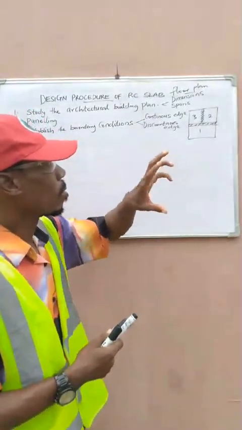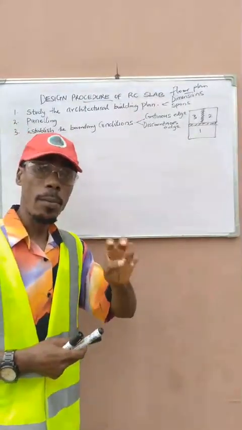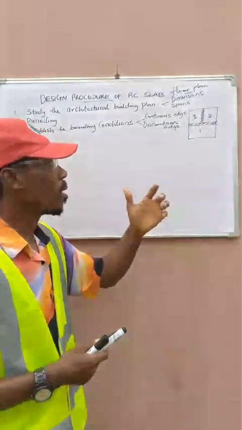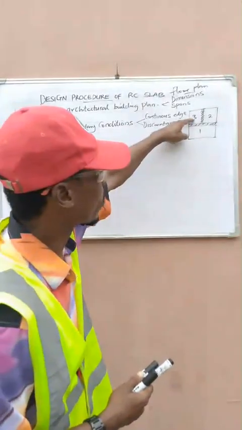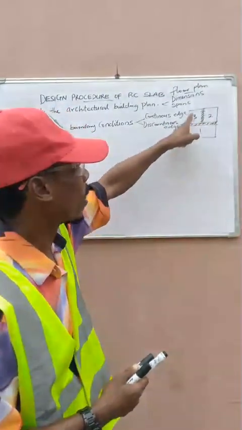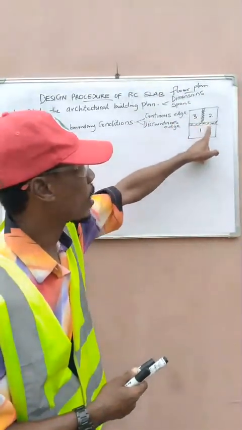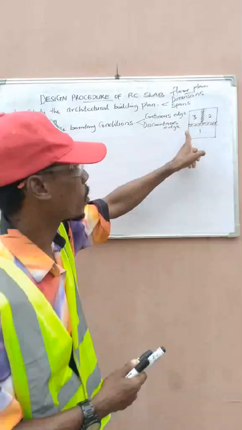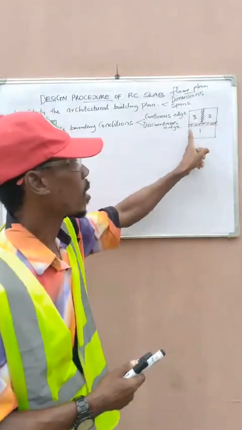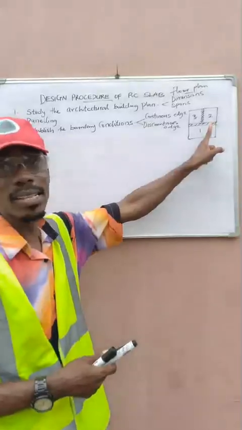By the time we are talking about the moment coefficient table, it will be easy for understanding. Panel 3 is connected to panel 2 and panel 1, so there is a condition that is satisfied. Then panel 1 is continuous at one edge, but discontinuous at 3 edges. So there is a case that is satisfied.